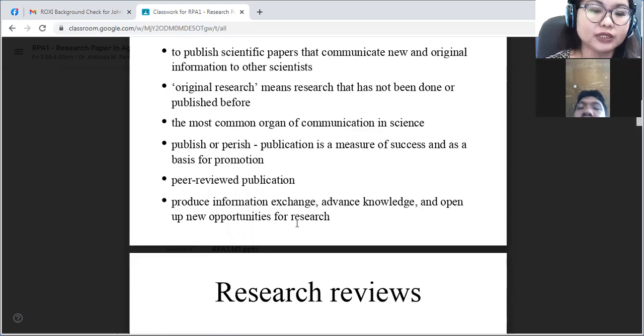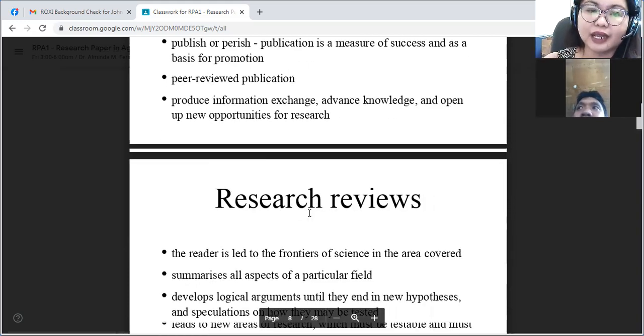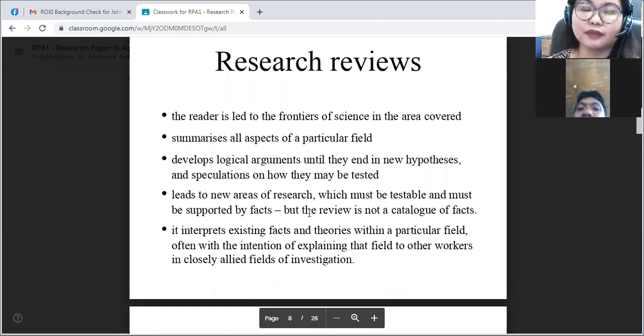And then it will eventually produce the information exchange, advanced knowledge, and open up new opportunities for research. Kasi pag nalaman nila nga dili effective ang organic fertilizer, they will not dwell on doing it again, the same mistake. So they will again venture to another research title.